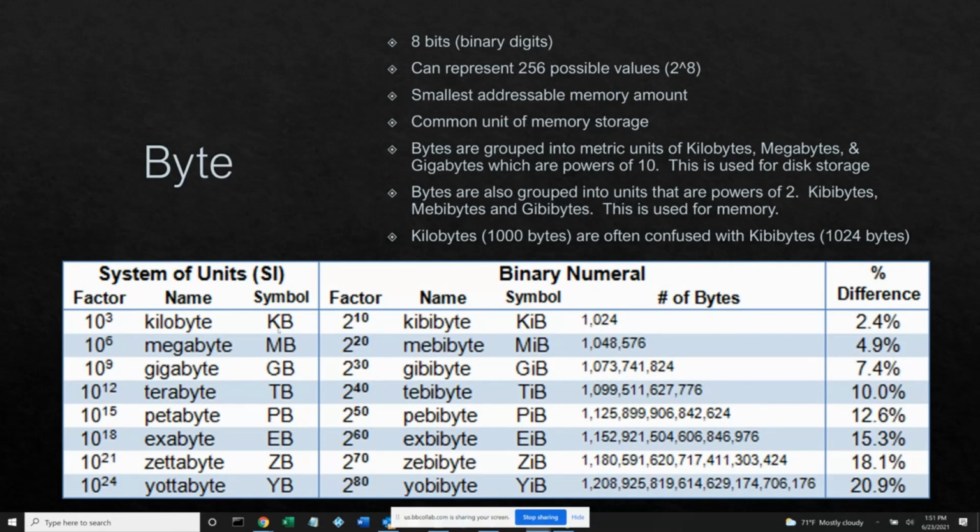While the differences are fairly small between a kilobyte and even a megabyte, a 2 to 5% difference, as we get to these larger units it becomes much more significant, again because of the difference between the powers of 2.